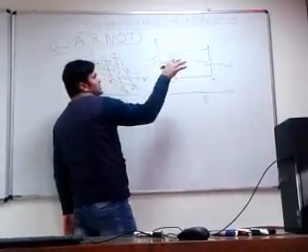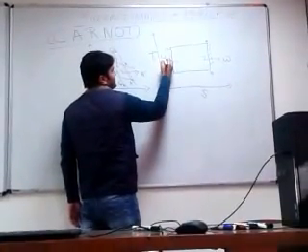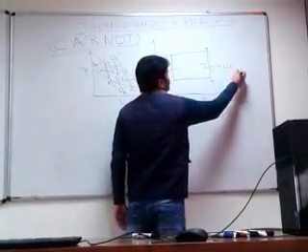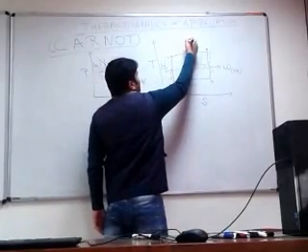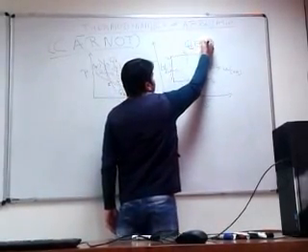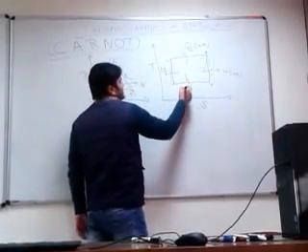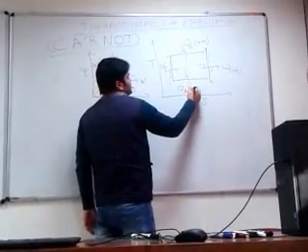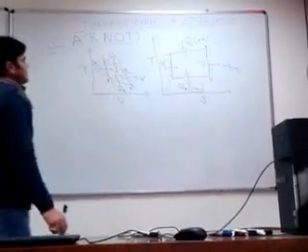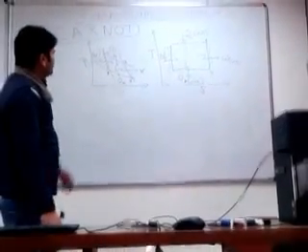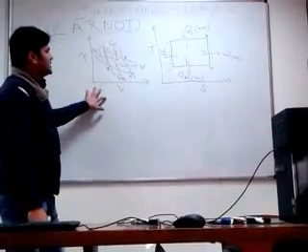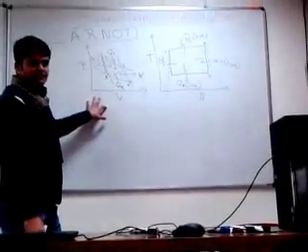Work done on the system is negative, and work given by the system is positive. Heat supplied is considered positive, and heat rejected from the system is considered negative. So these are the representations of the processes on PV and TS diagrams.